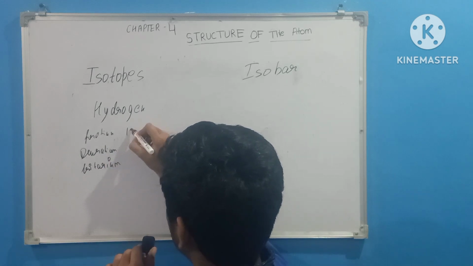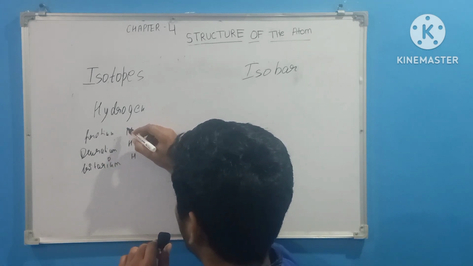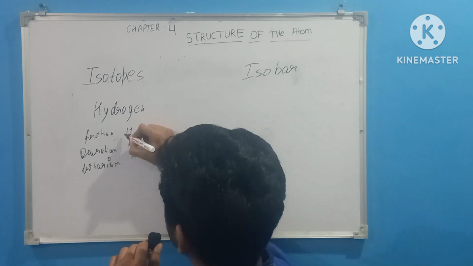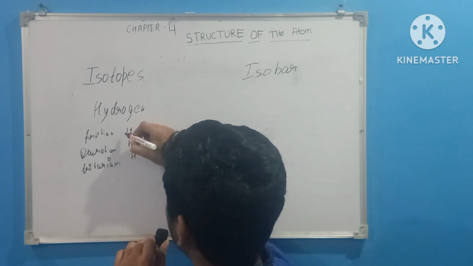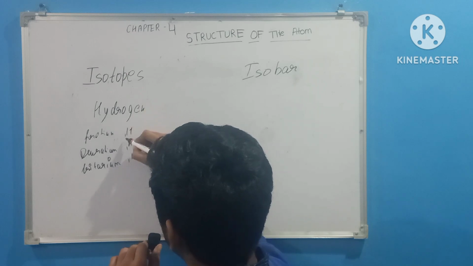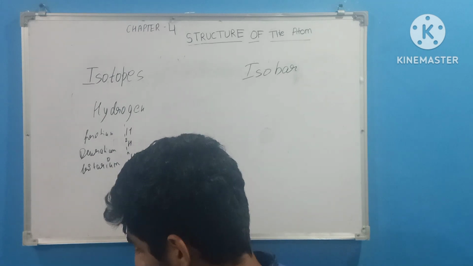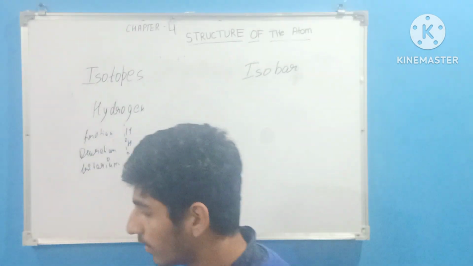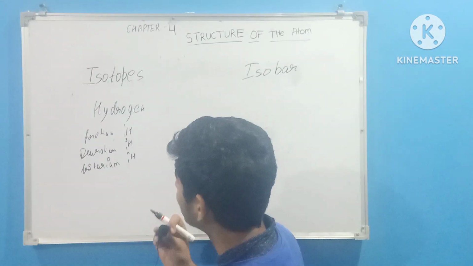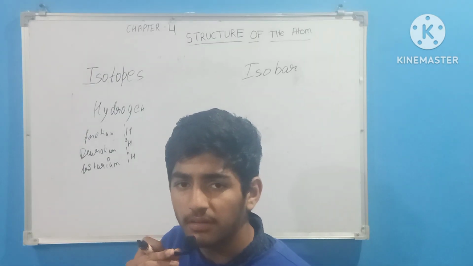The symbol H is the same, the atomic number is the same, but the atomic mass is different: 1, 2, 3. Atomic mass is represented by A, and atomic number is represented by Z.